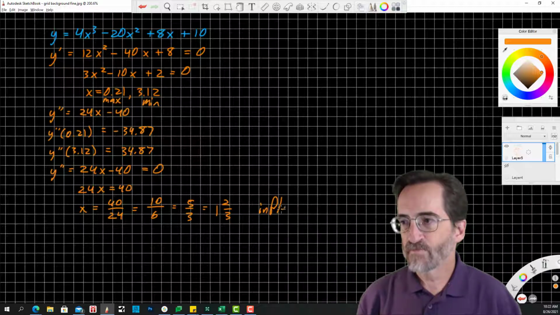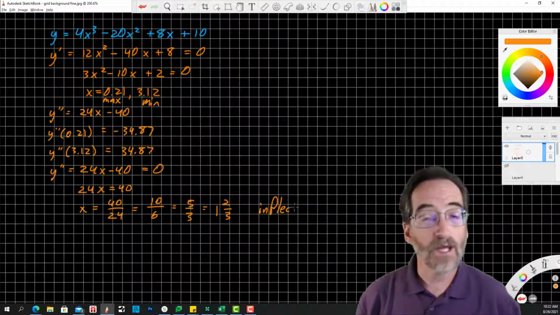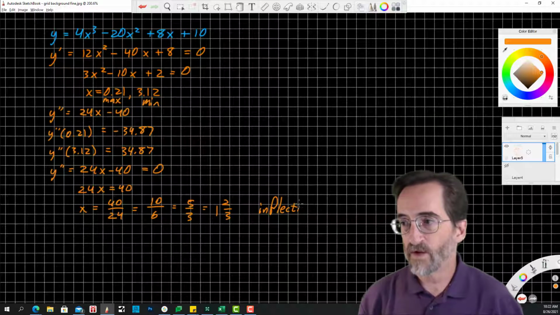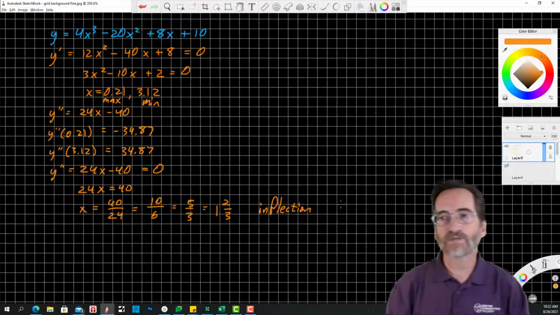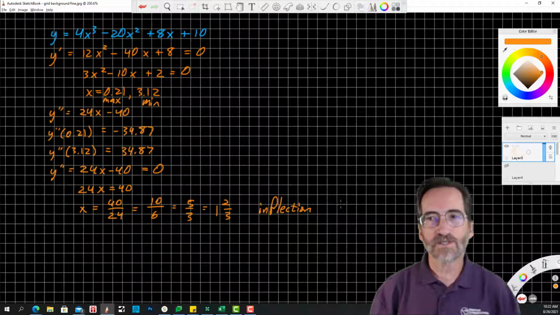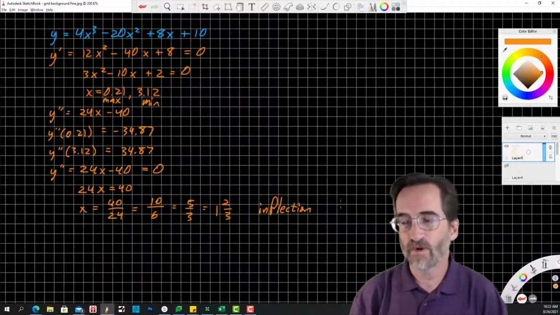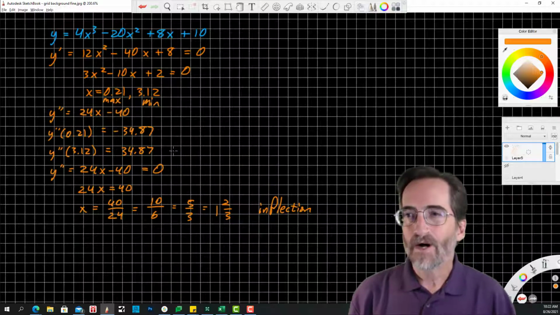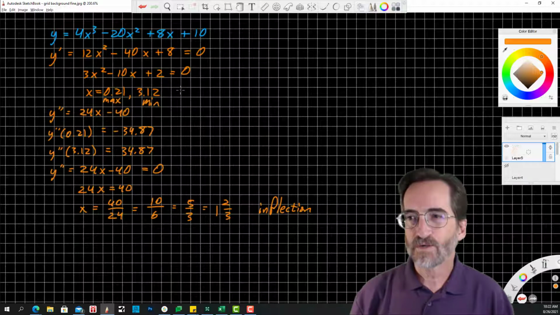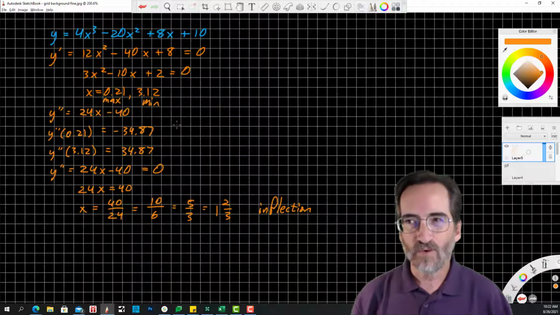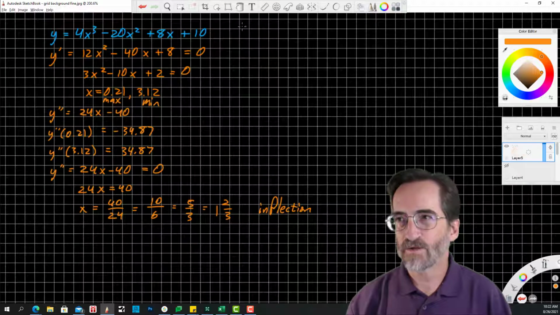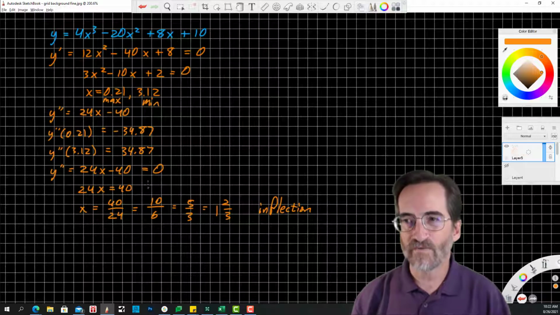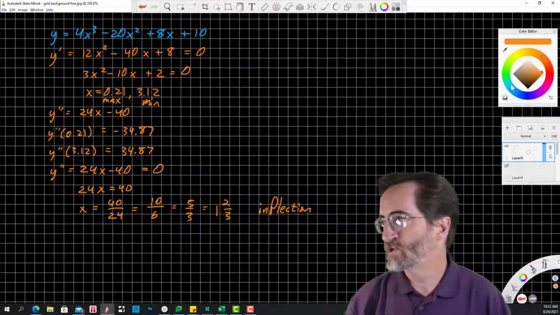That basically is the point at which we go from concave down to concave up. So now let's use this information to sketch a graph or a picture of the function. Now we might want to get a few specific points of data here. For example, I might want some function values at these specific points.